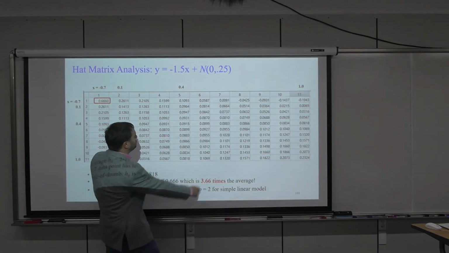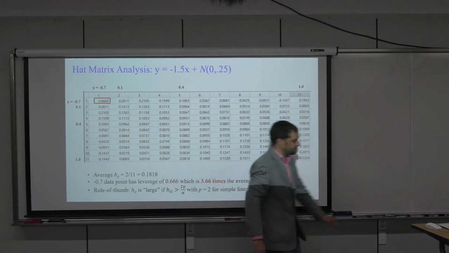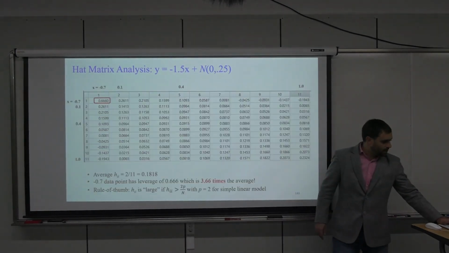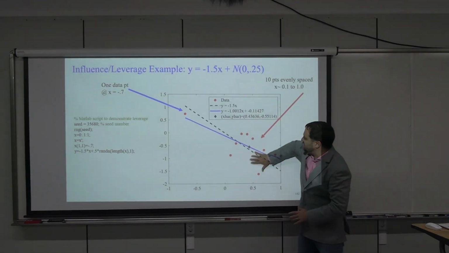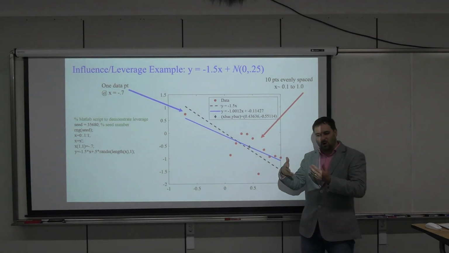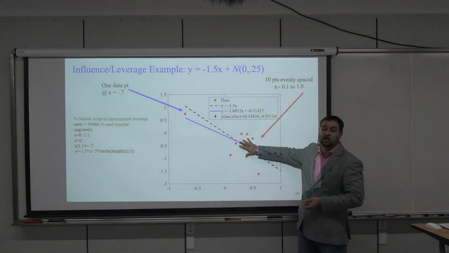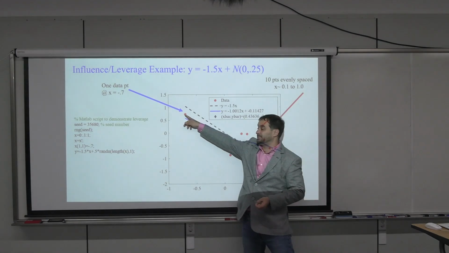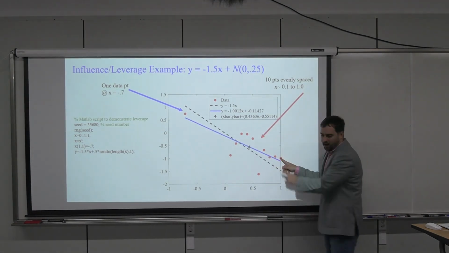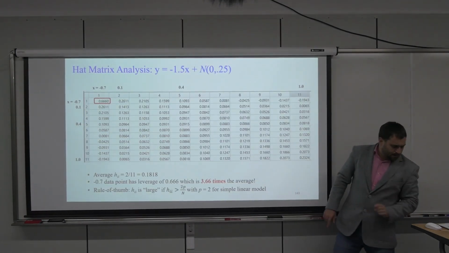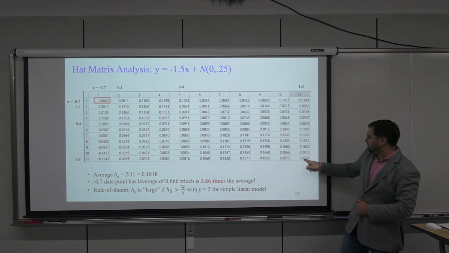So most of these data points have about a 0.1 to 0.12 HII, and this one has 0.66. These last two also had almost 0.2, 0.18 and 0.23.